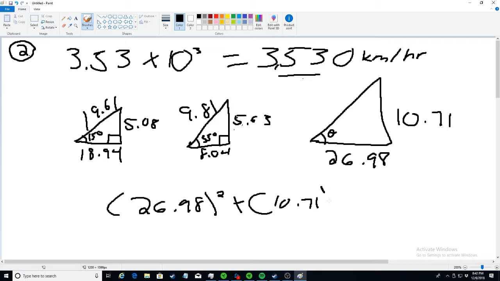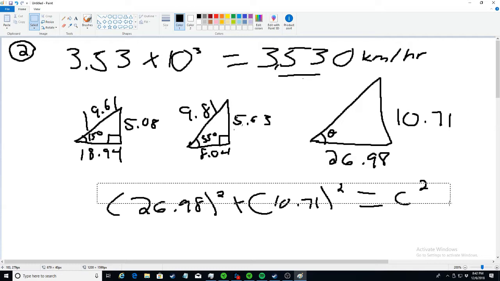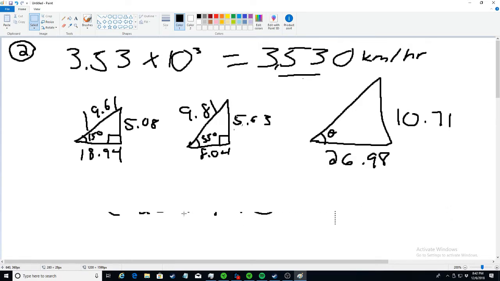to figure out what this side would be. And after you end up doing the Pythagorean theorem, I don't have the exact numbers. You just put them in your calculator. This side is going to end up being 29.03. Now we need to find theta, as theta is the angle.